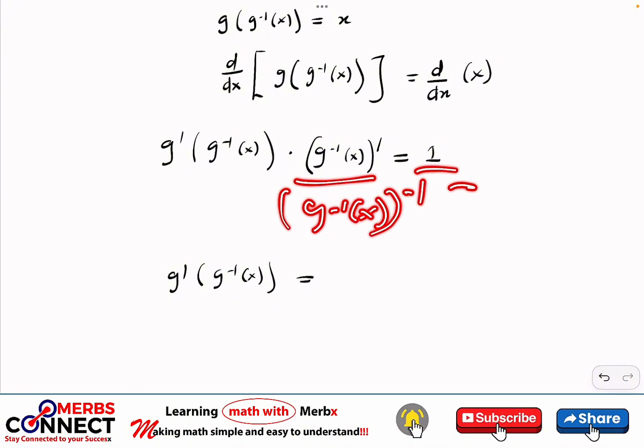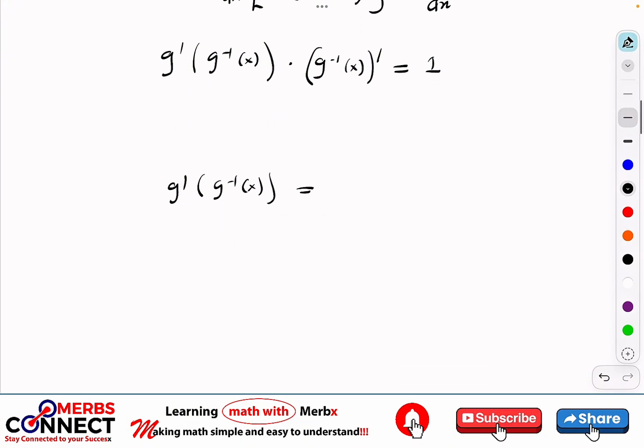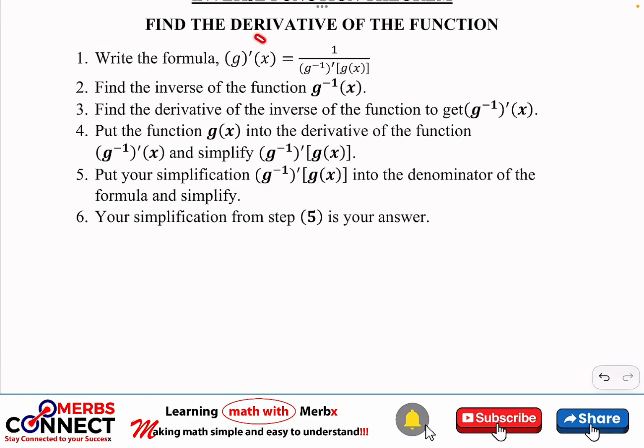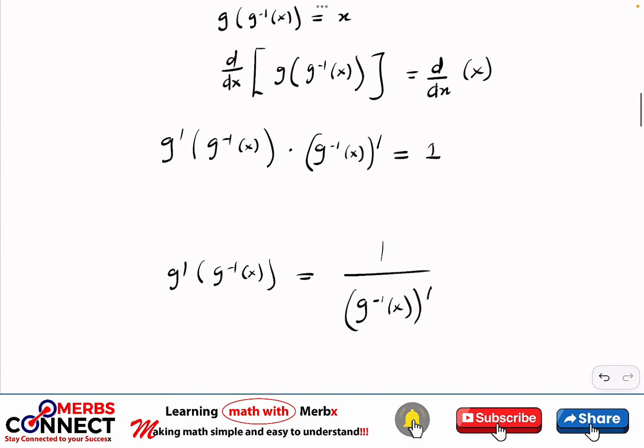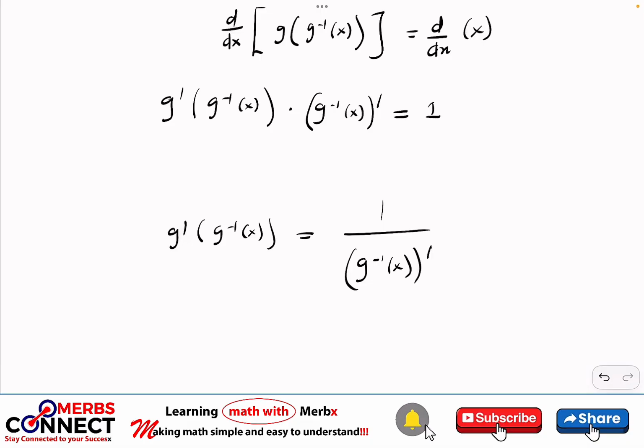So this is going to give us 1 divided by g inverse of x prime. Great. So now what can we do here? Since we need g prime of x, we need to ask ourselves the question, what is g inverse of x? That's basically what we need here. So we are going to do this here. Very, very simple. This is basically what is going to happen.